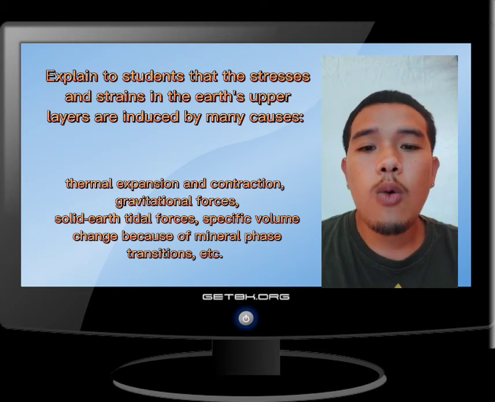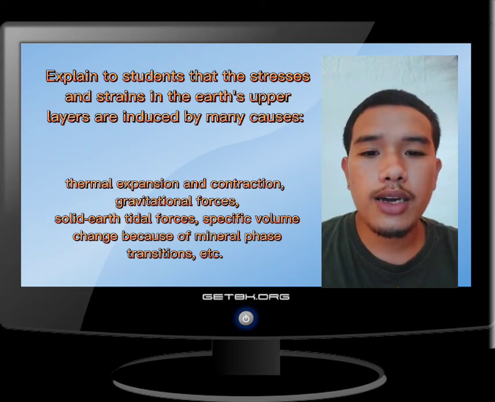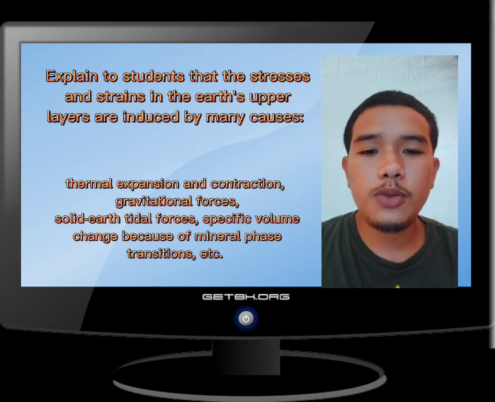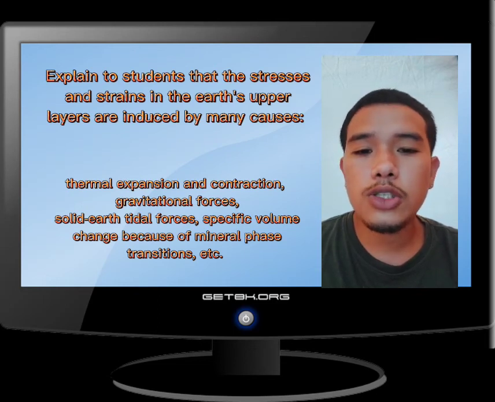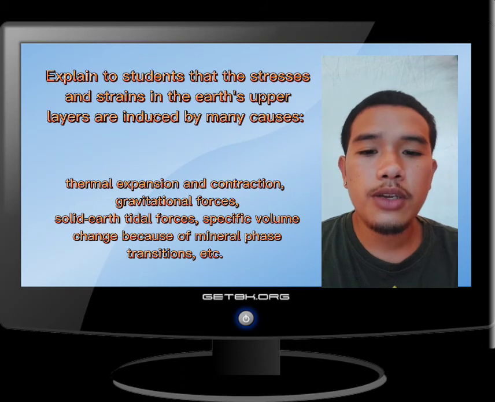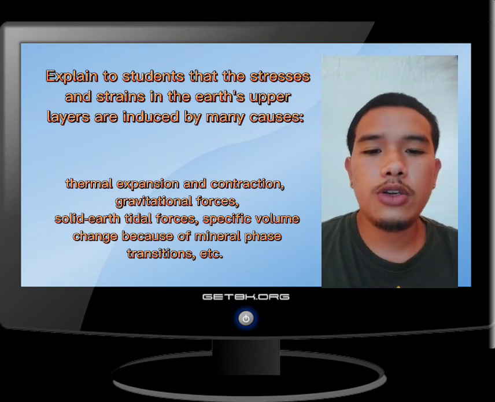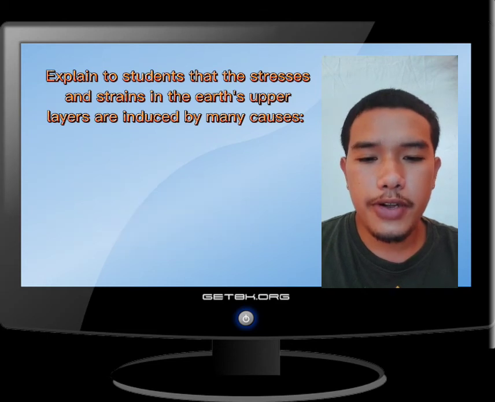Faulting is one of the various manners of mechanical adjustment or release of such stress and strain. When stress causes a material to change shape, it has undergone strain or deformation. Deformed rocks are common in geologically active areas.